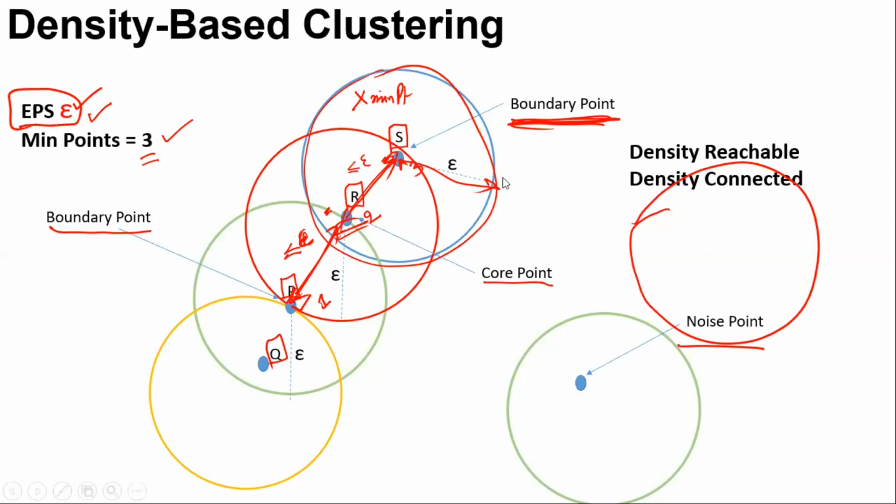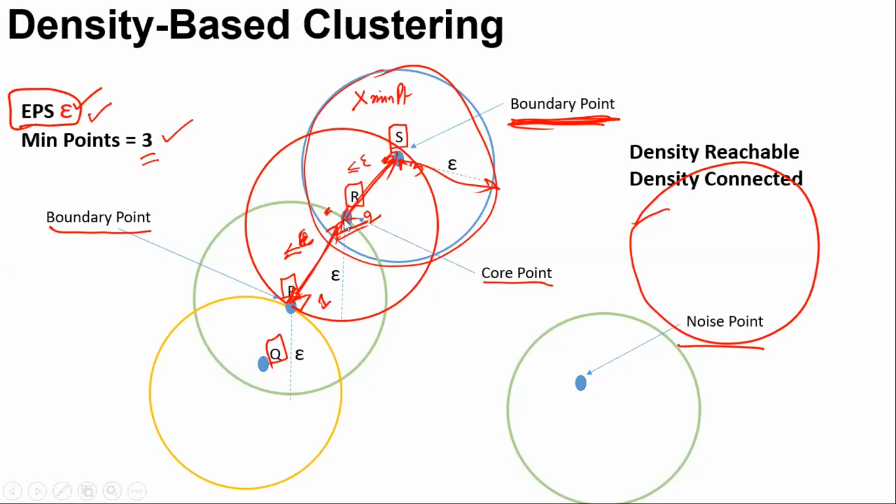So in the region of S, R falls. Why? Because for S we identified epsilon as the radius and formed a circular region, and in this region R is also available, because the distance between R and S is less than or equal to epsilon.